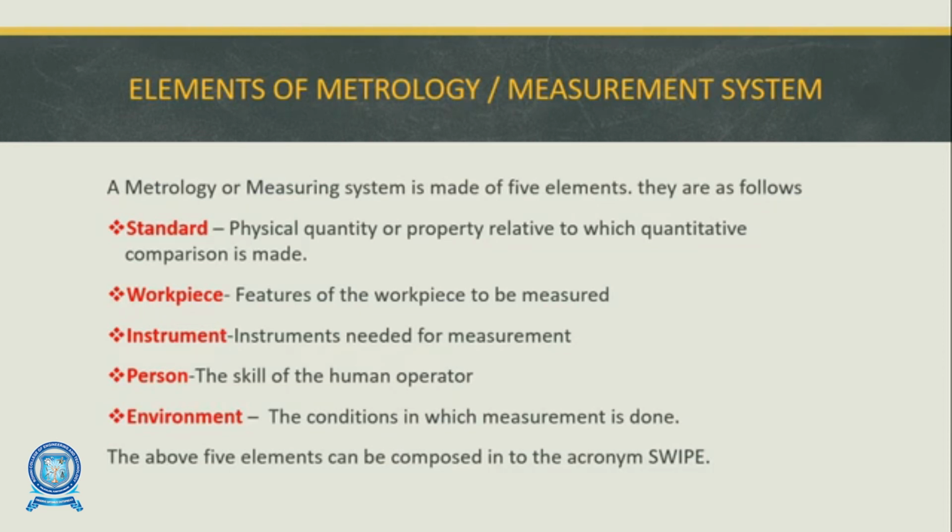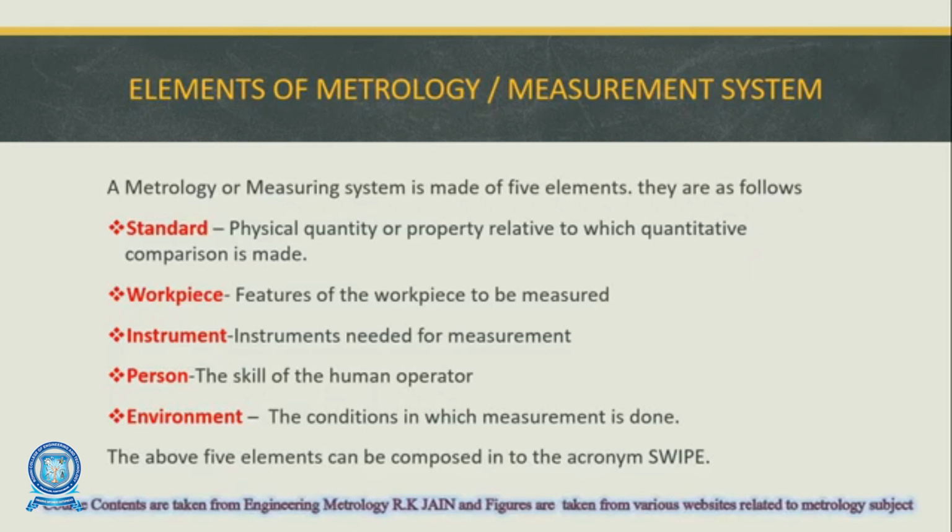Then workpiece. Features of the workpiece to be measured. Workpiece is nothing but the object or element on which we are going to measure the physical quantities. That is called workpiece. Okay, what is meant by instrument? Instruments needed for measurement.